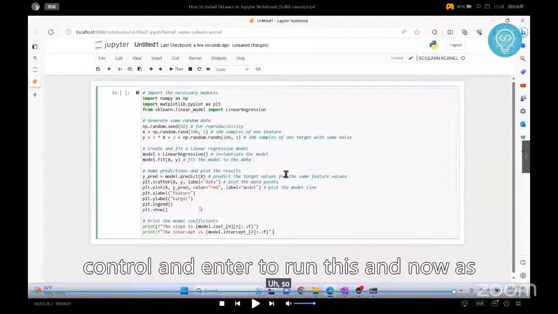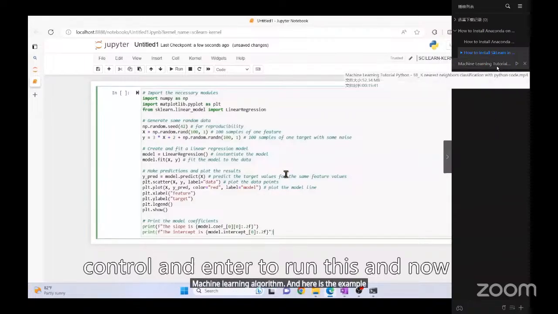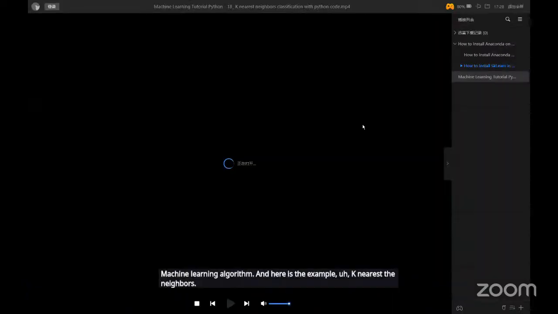So when we finish installing scikit-learn, then we can use many machine learning algorithms. Here is an example, k nearest neighbors.